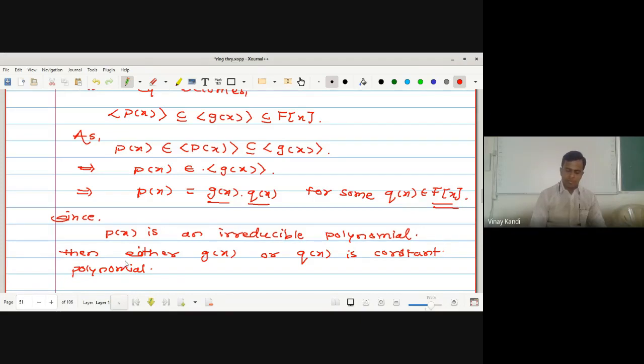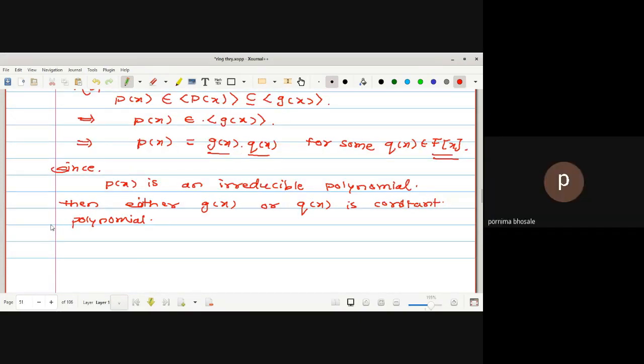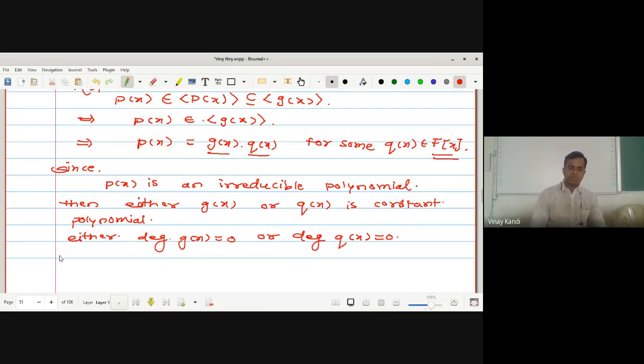Okay, any doubt up to here? No, sir. So what is the degree of a constant polynomial? 0. So either the degree of g of x is equal to 0 or the degree of q of x is equal to 0. Okay, now case 1.